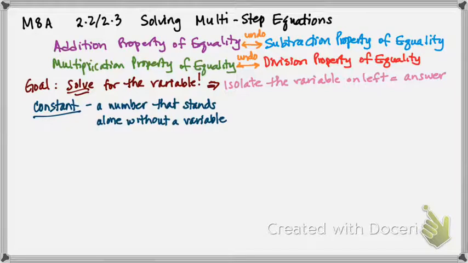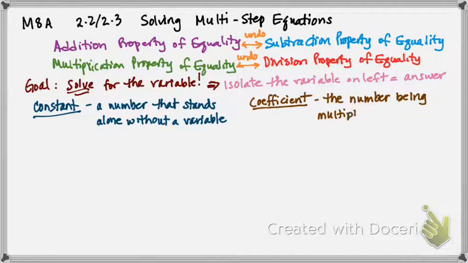Okay, and then we've got the coefficient, and that's going to be the number being multiplied by a variable.